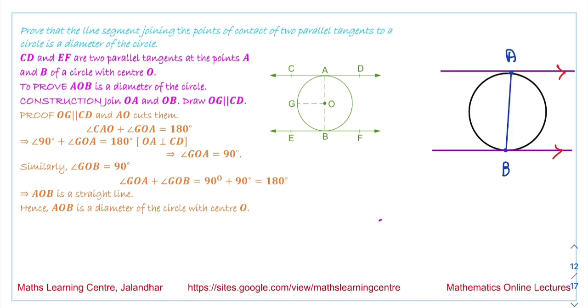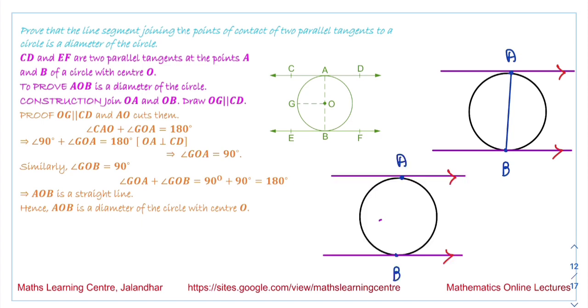We have to prove that the line segment joining the two points of contact is the diameter of the circle.